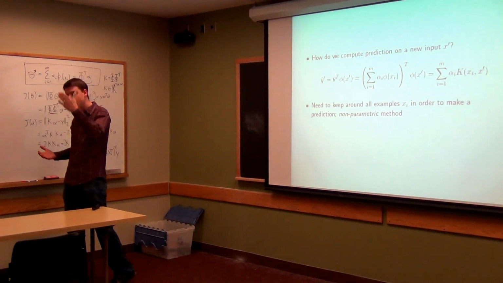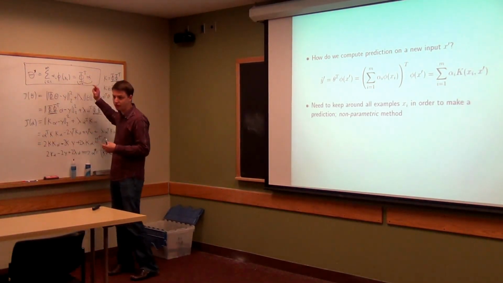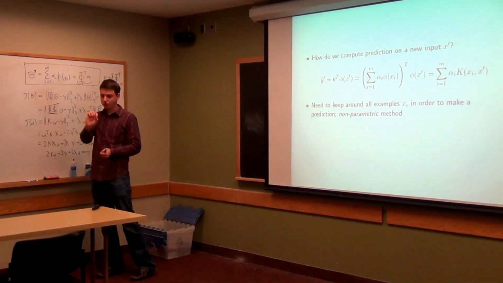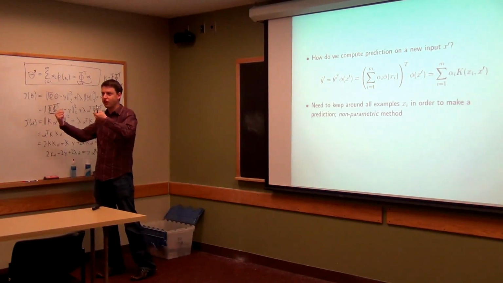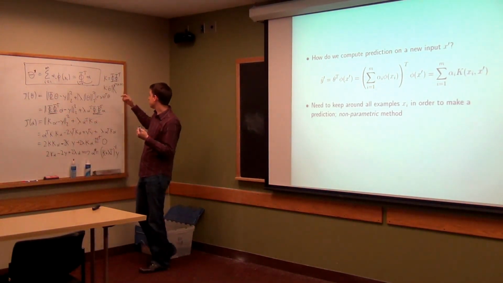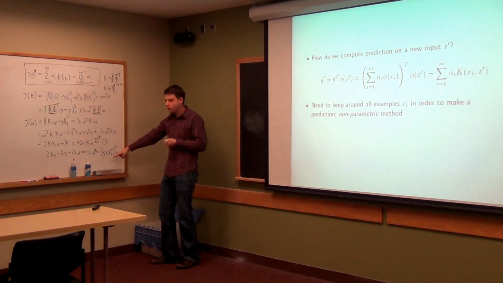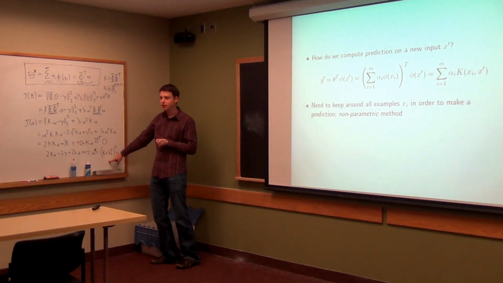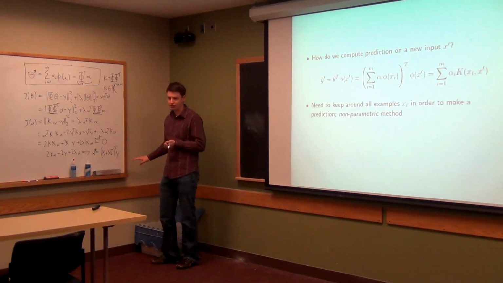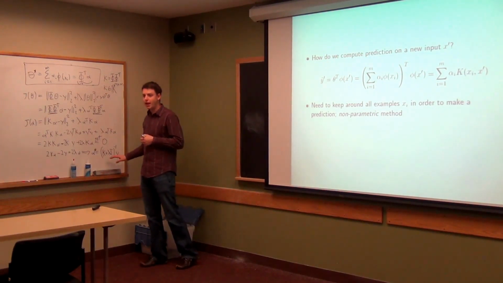So for every example in your data set, just to train the method to find the parameters alpha, you have to compute this kernel function between xi and xj for all i and j. And furthermore, you have to invert an M by M matrix, at least for this kernelized least squares function.